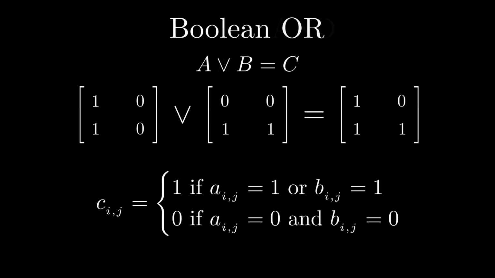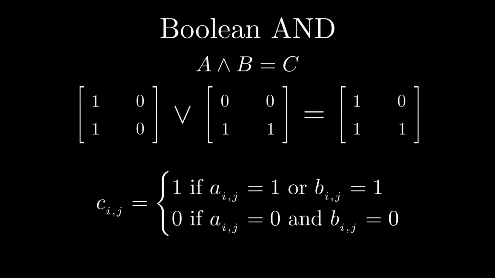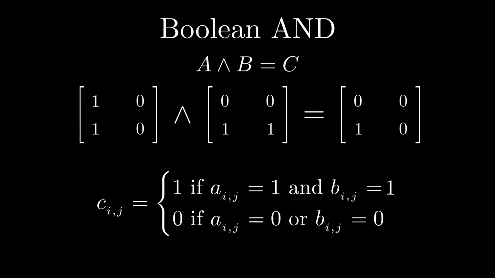Similarly, a Boolean AND operation results in a meet, and it works in the same element-wise fashion as OR. So the calculation Boolean matrix A and Boolean matrix B defines Boolean matrix C, where C at ij is 1 only if A at ij and B at ij equal 1.